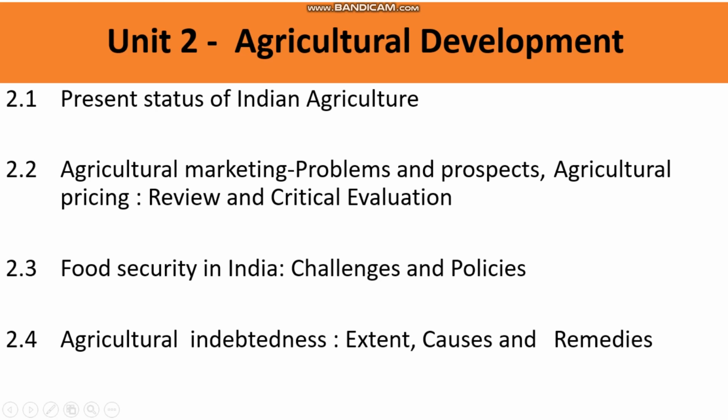Then the second point, the second content of the second unit, is about agricultural marketing problems and prospects, and another point is agricultural pricing review and critical evaluation. The two issues, agricultural marketing and agricultural price policy, are included in the second point. Agricultural marketing is the process of buying and selling of agricultural commodities.